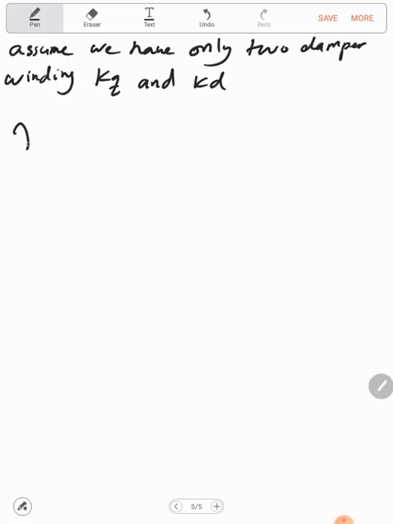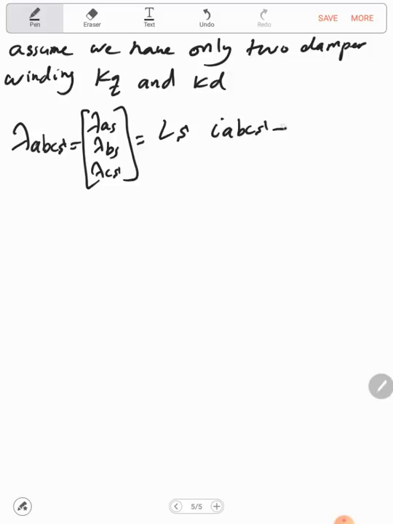So lambda ABCS, which will equal to lambda AS, lambda BS, lambda CS, equal to, now this will be the LS, the self-inductance, multiplied by IABCS plus the mutual inductance, or the inductance between the stator and the rotor, which is the LSR. So this will be the LSR IQDR.